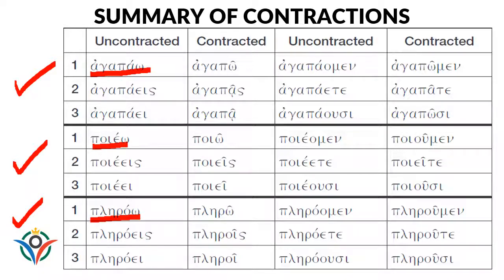All right, so each one of them gives you an example of a contract vowel. This one is the alpha, the poieo is the epsilon, and the pleroo is the omicron. All right, so download this onto your computer, print it out, and practice doing the contractions like I did with you previously.